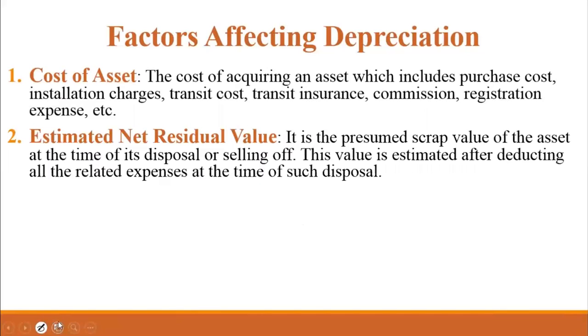Another one is the estimated net residual value. It is the presumed scrap value of the asset at the time of its disposal or selling off. This value is estimated after deducting all the related expenses at the time of such disposal.